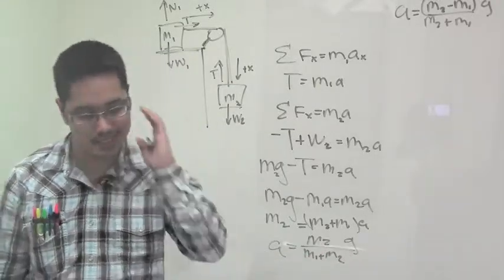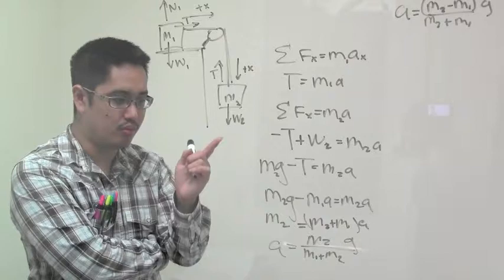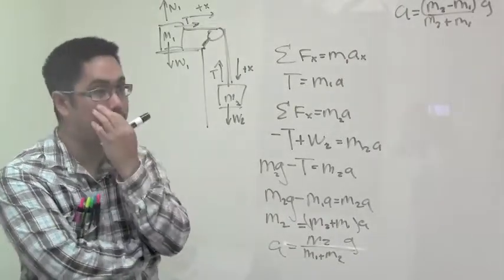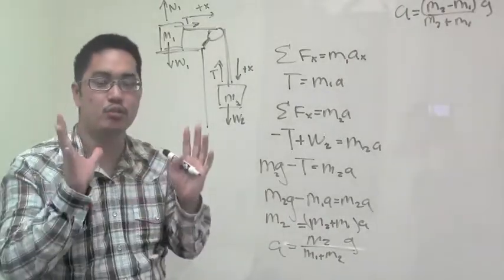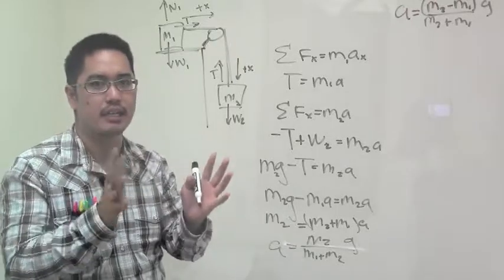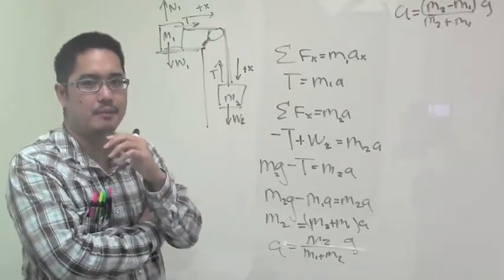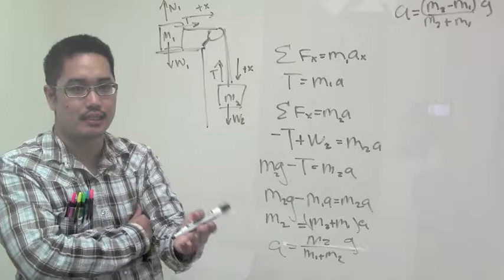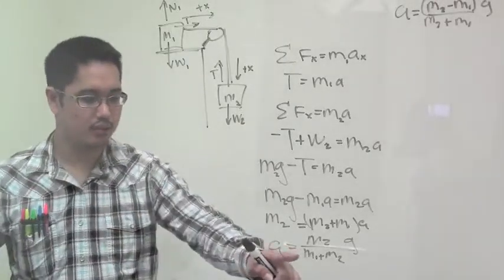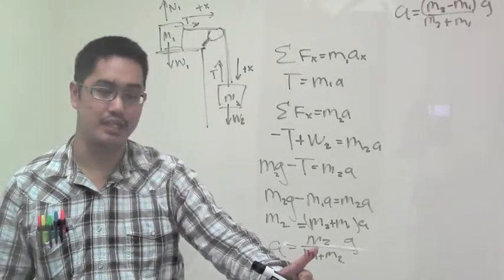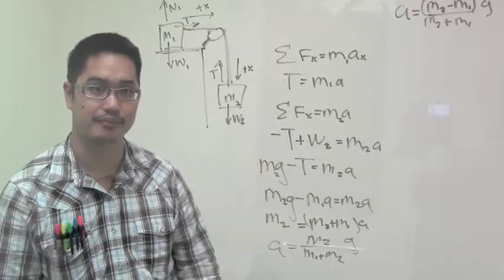Now, let's think about this. If M2 were really, really big, so big that it almost made M1 obsolete, you can consider M1 being 0 in comparison to M2.